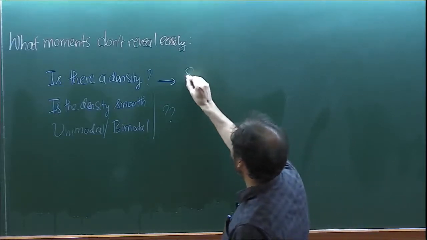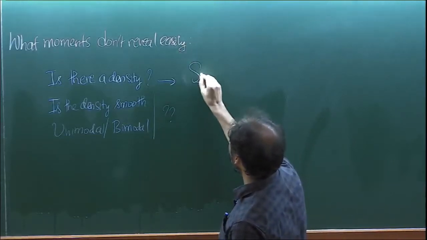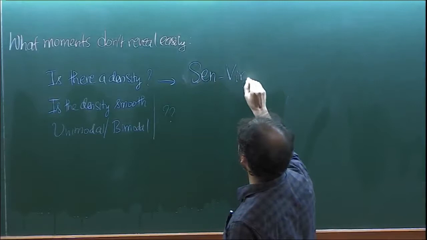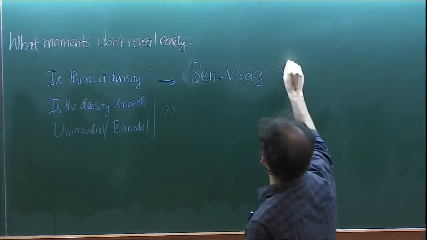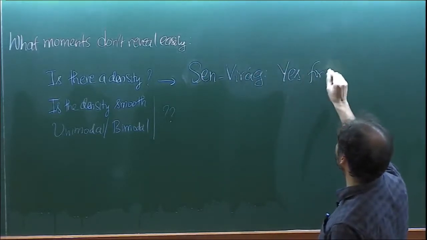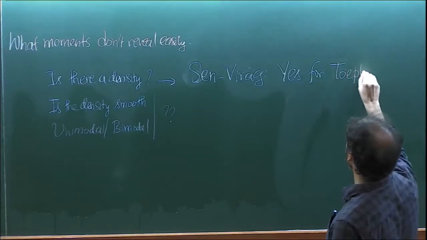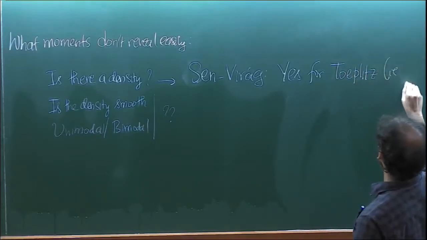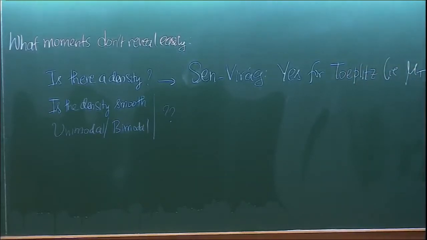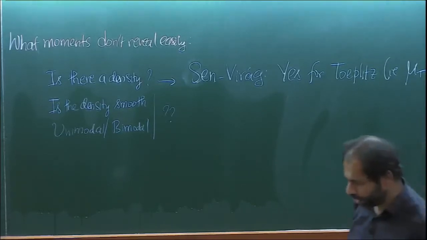For this, Arnab Sen and Balint Virag showed that the answer is yes for the Toeplitz case. That is, mu_t has a bounded density. No, it's a deterministic measure.